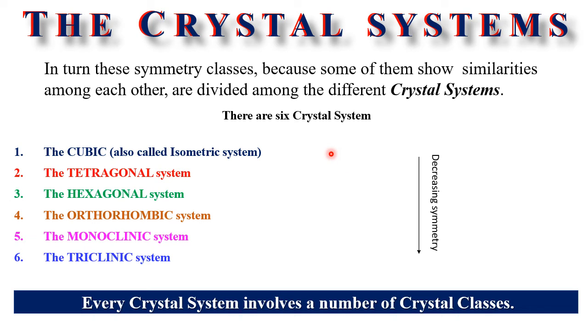This is written in decreasing order of number of symmetries. So every crystal system involves a number of crystal classes. That's why together we have 32 crystal classes in all 6 crystal systems.